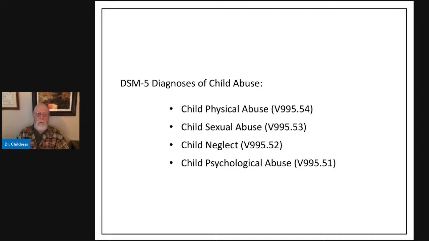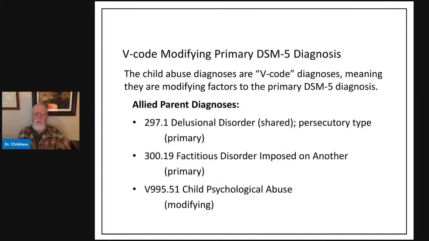There are four types of child abuse in the DSM-5. Child physical abuse, V995.54. Child sexual abuse, V995.53. Child neglect, V995.52, and child psychological abuse, V995.51.